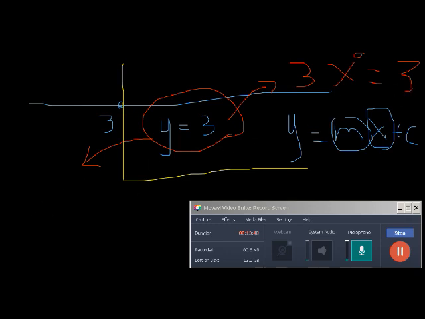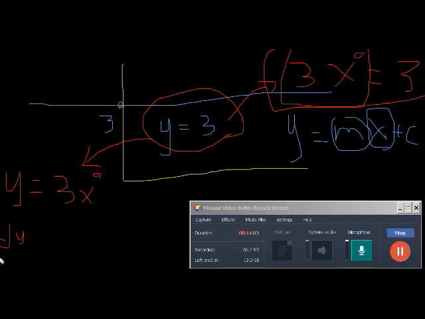So the main equation of this graph, y is equal to 3, can also be written y is equal to 3x raised to power 0. What should be the derivative, the dy dx?